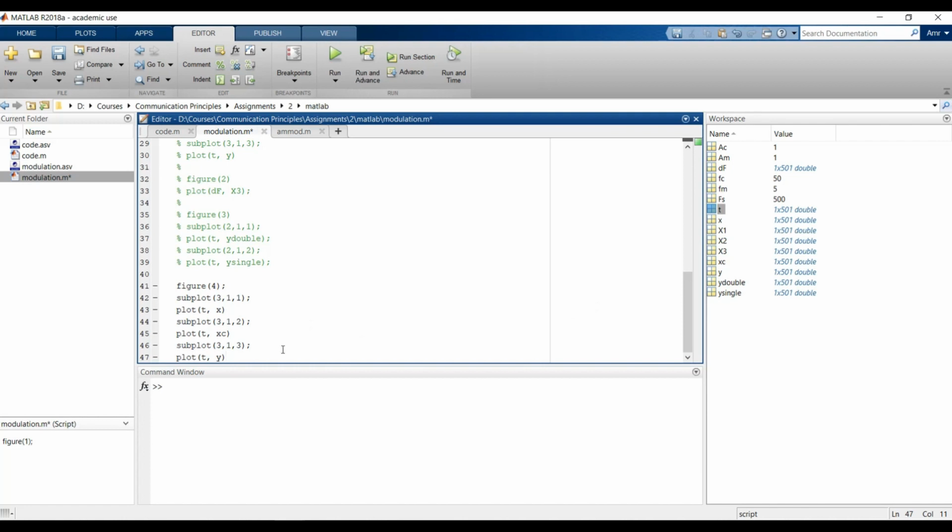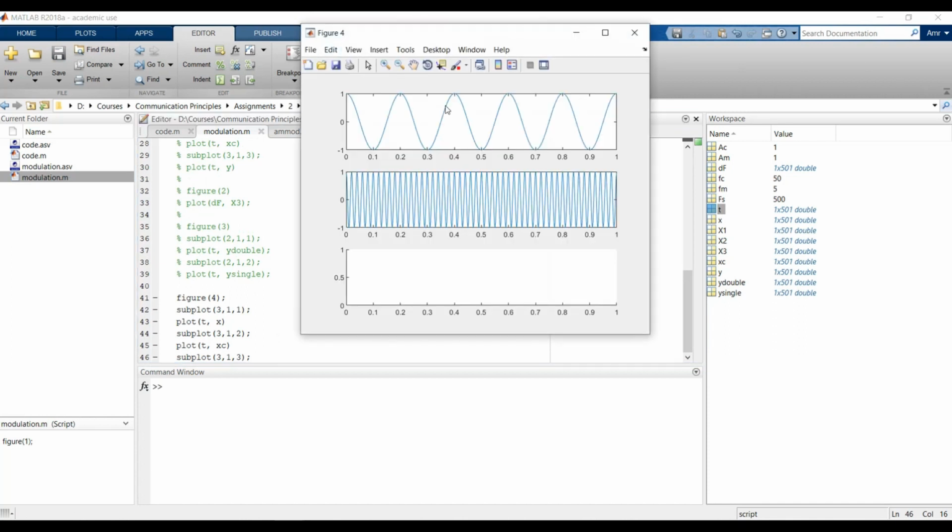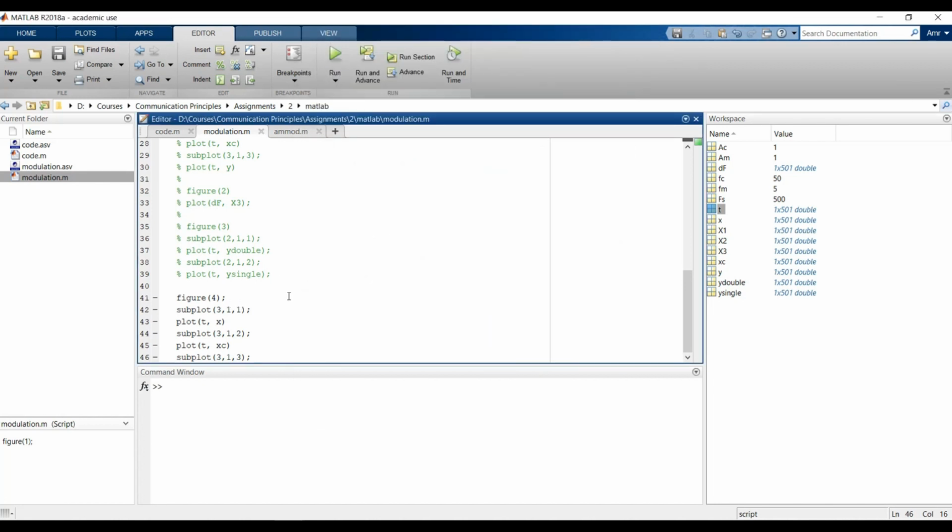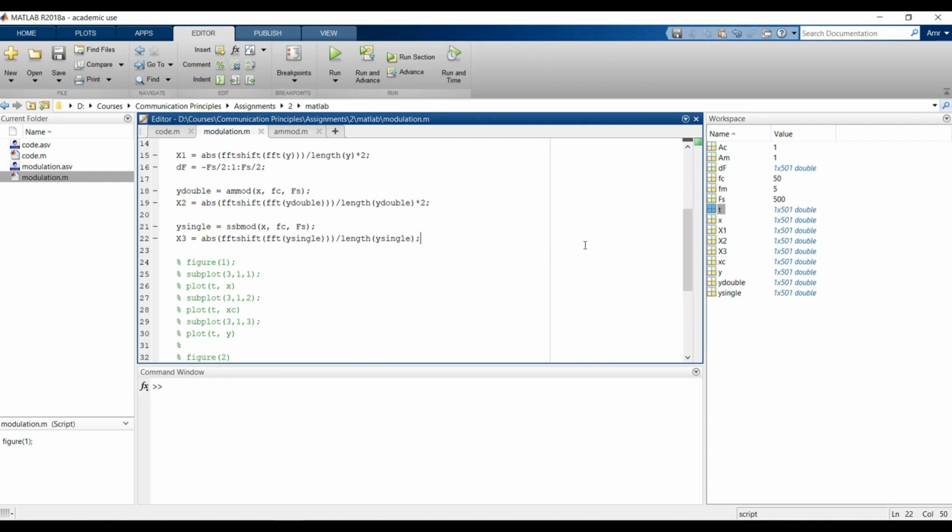So right here, we just don't have this part yet. Here we have our signal, and then we have our carrier signal. So how can we encode our message signal into the carrier signal?